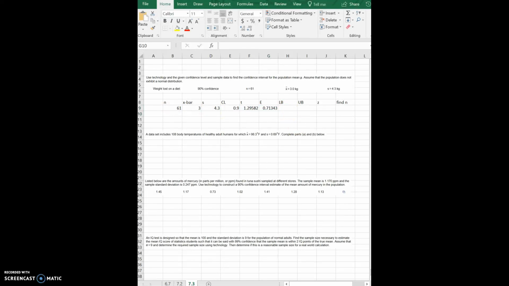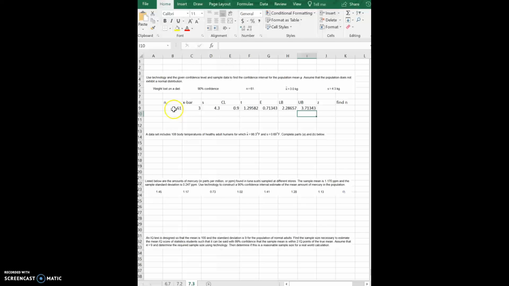Alright, and then you're going to find the lower bound and upper bound. So the lower bound is your x minus your error, and then the upper bound is x plus the error. So your lower is equal to x minus the error, and your upper is equal to your x plus your error.